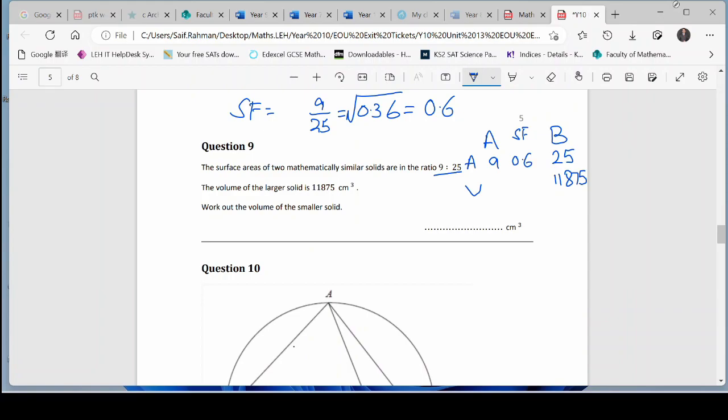0.6 is less than 1, so our volume will be smaller. But we have to multiply with the scale factor cubed because it's a volume.